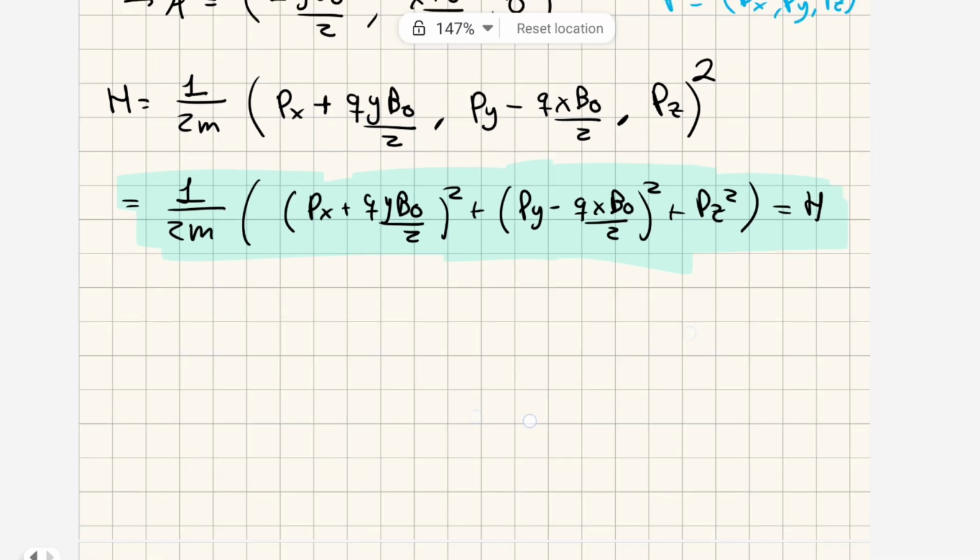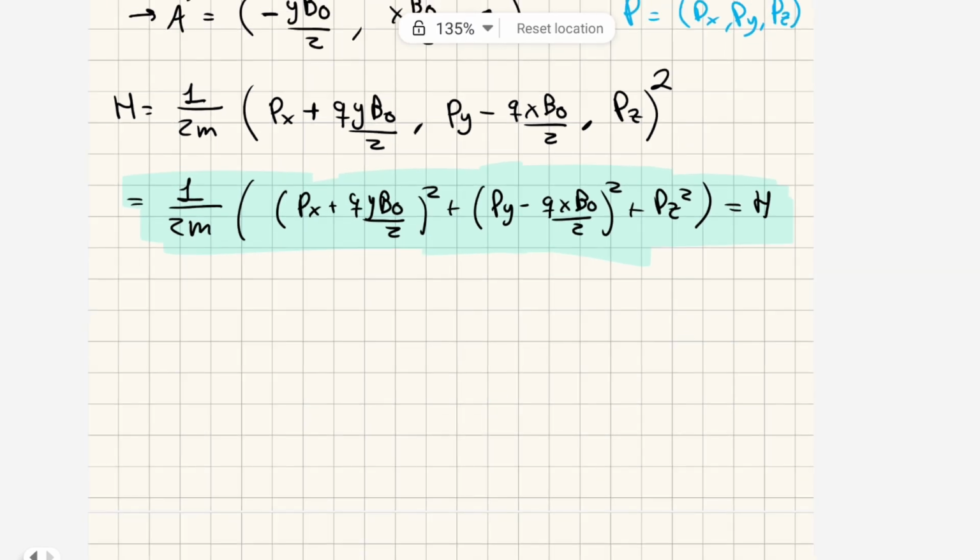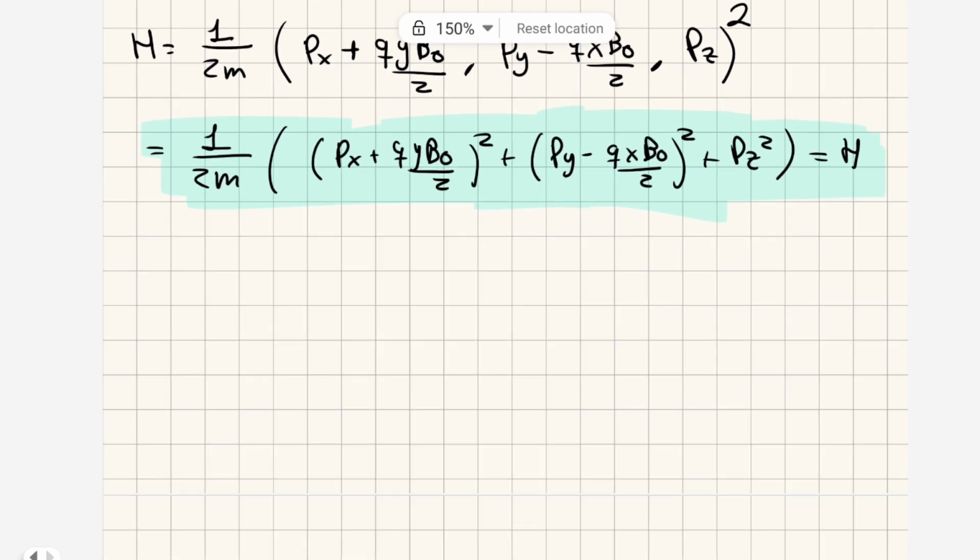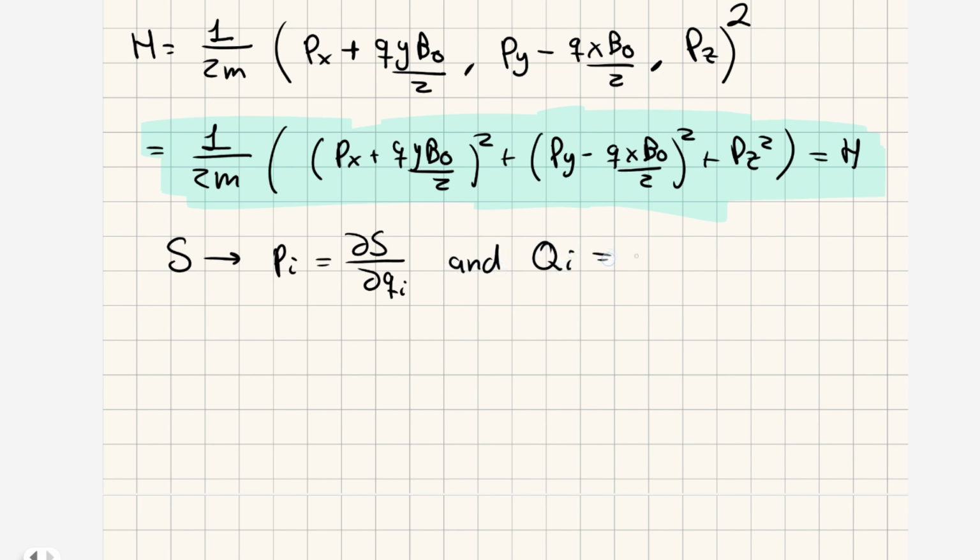Okay, perfect. So now that we already have the Hamiltonian, with this we are going to be able to construct the corresponding Hamilton-Jacobi equation. So we are going to use a function S that corresponds to the transformations p_i equals the derivative of S with respect to q_i, and q_i equals the partial of S with respect to P_i.